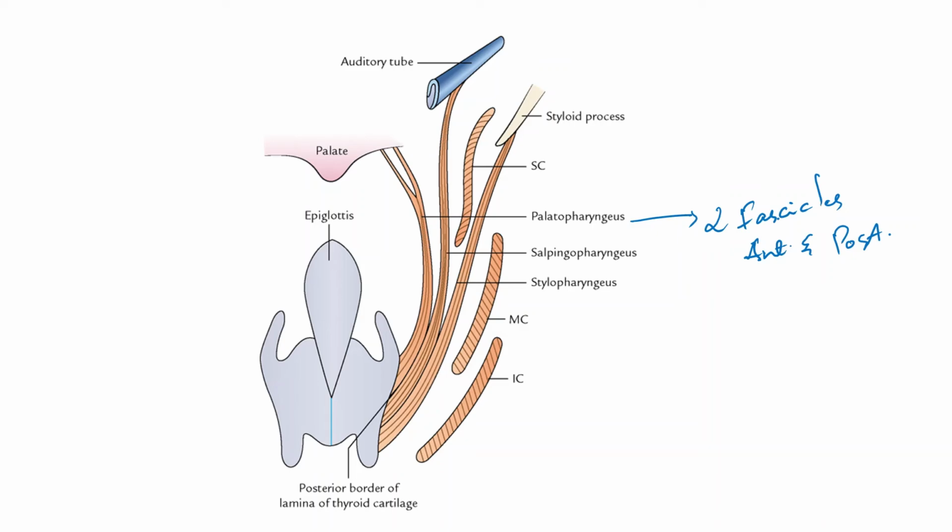Later the two fascicles unite to make up a common muscle tendon which gets inserted onto the same point, that is the free posterior border of the thyroid lamina.